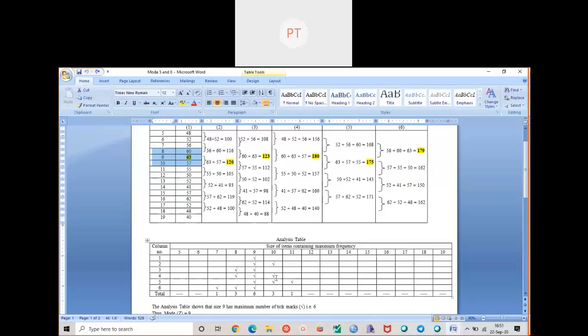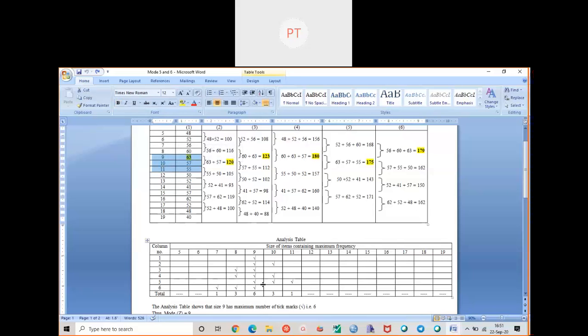Now in the fifth column we can see that 175 is the maximum frequency, the compound frequency. It is the combination of 63, 57 and 55. So these are for 9, 10 and 11.